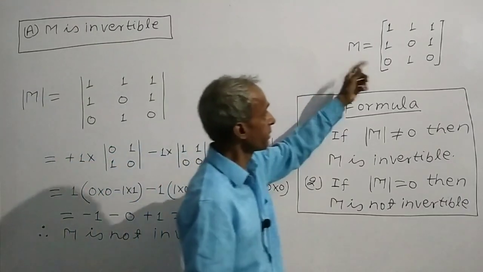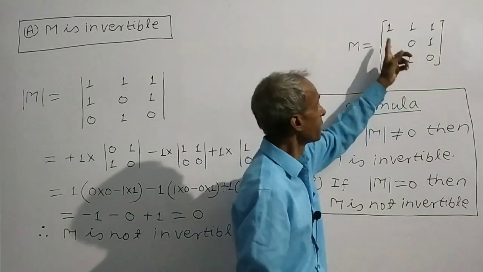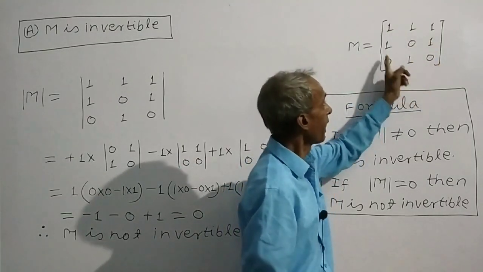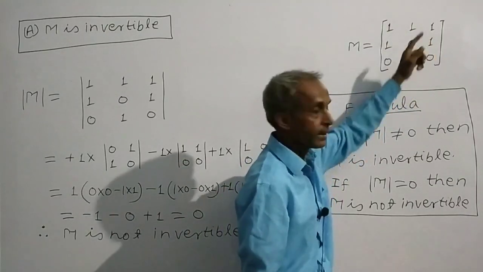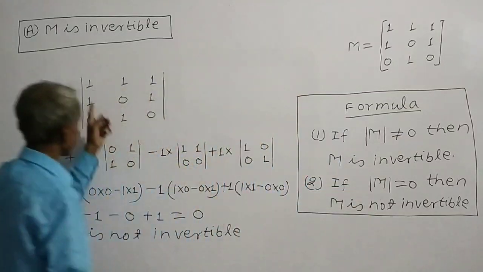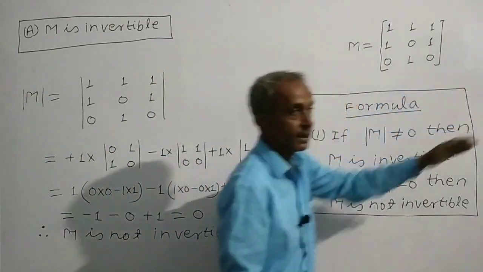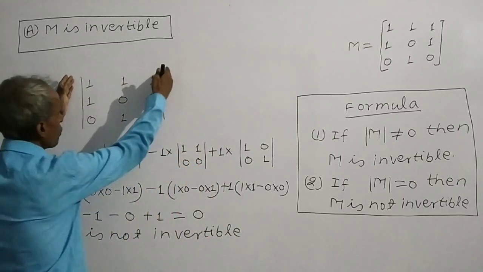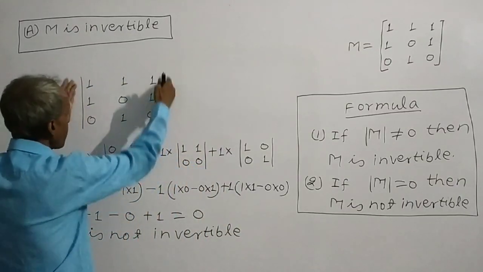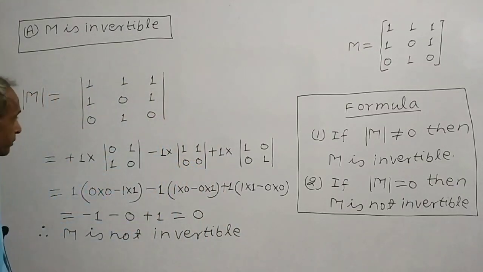Since M is this matrix, we write the elements as they are written inside this matrix. But we remove this bracket and draw two vertical parallel lines like this.